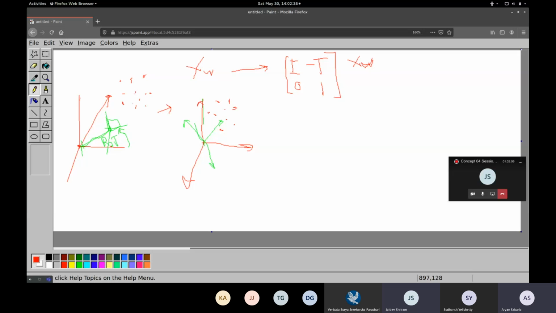Is that cool? Look at this. What I'm doing is aligning my camera frame with my world frame, and I'm getting all these points. I want to convert all these points so that they're green. So I'm manipulating their values, and geometrically it's the same as aligning my world frame to my camera frame.